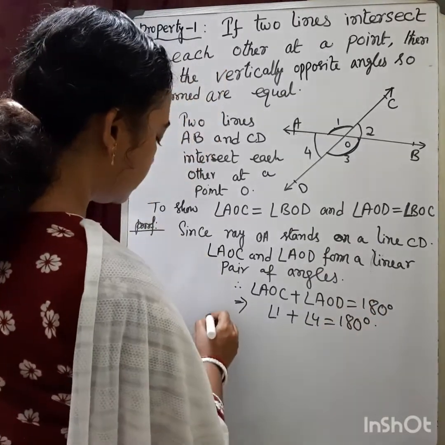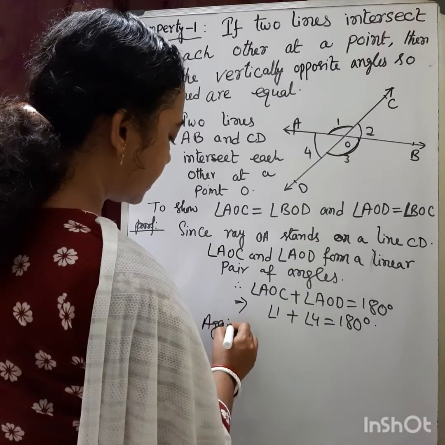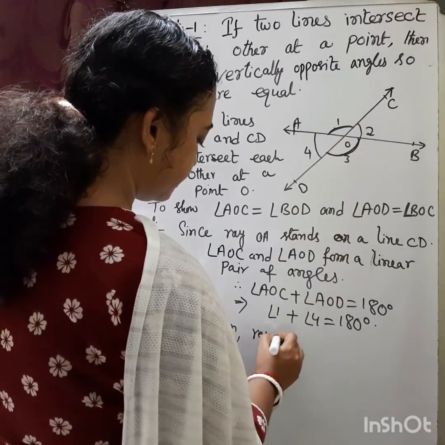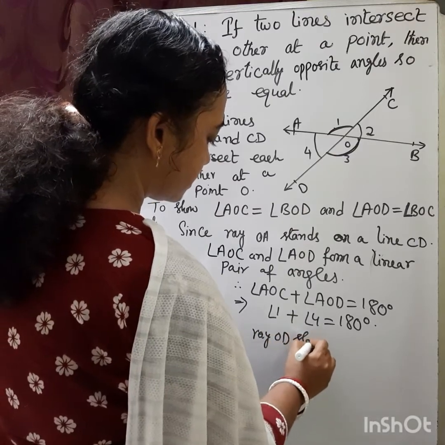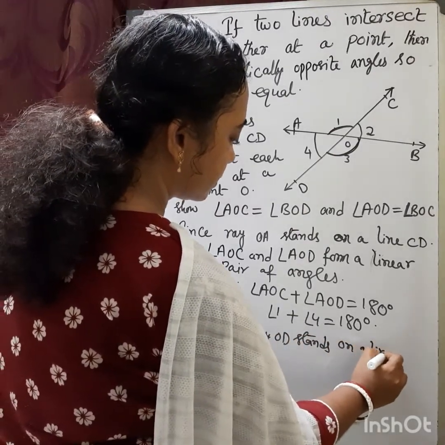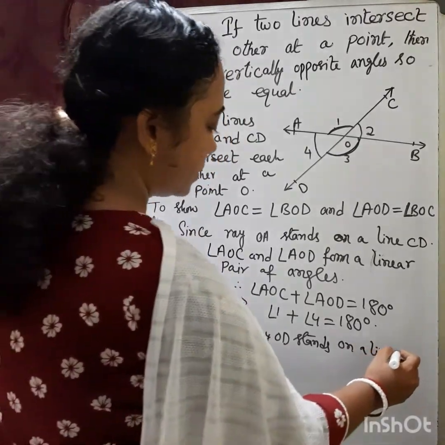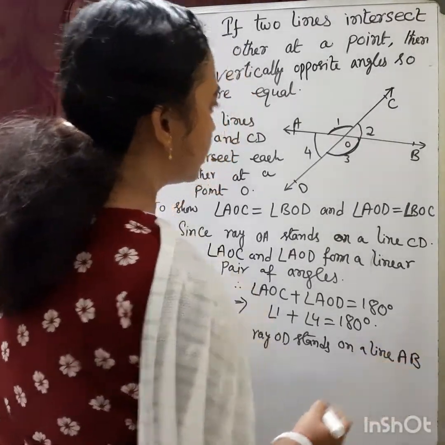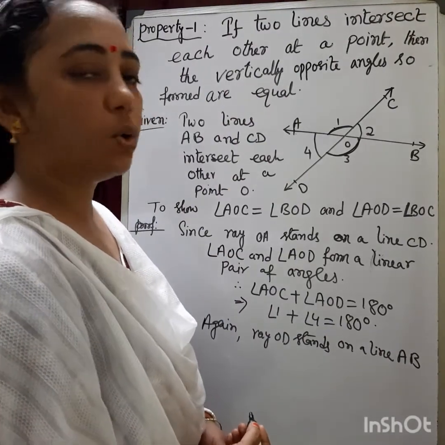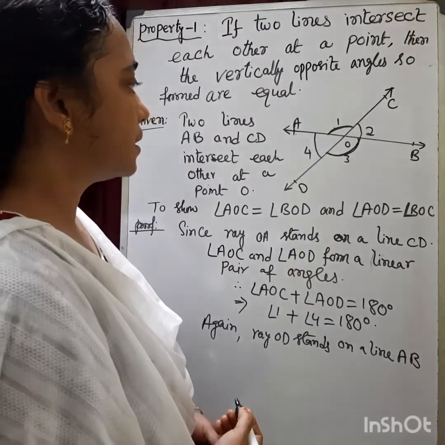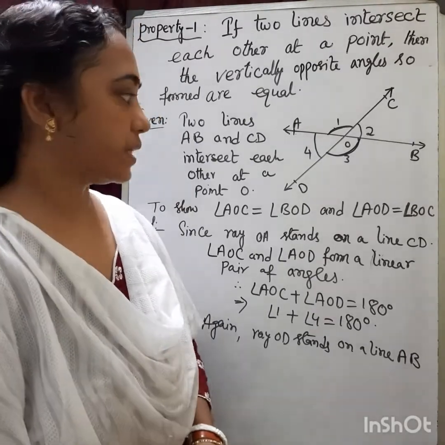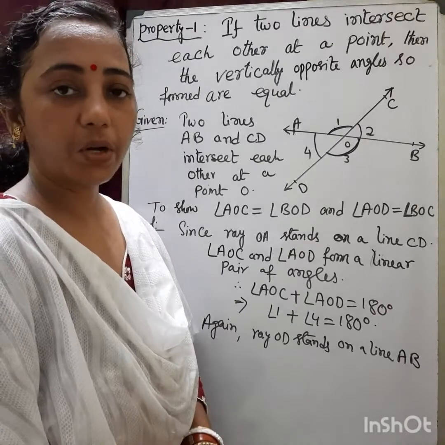Now again, if we consider the ray OD stands on a line AB. So in this case also angle AOD and angle BOD are adjacent angles, and here OA and OB are the two opposite rays. So they form a linear pair of angles.